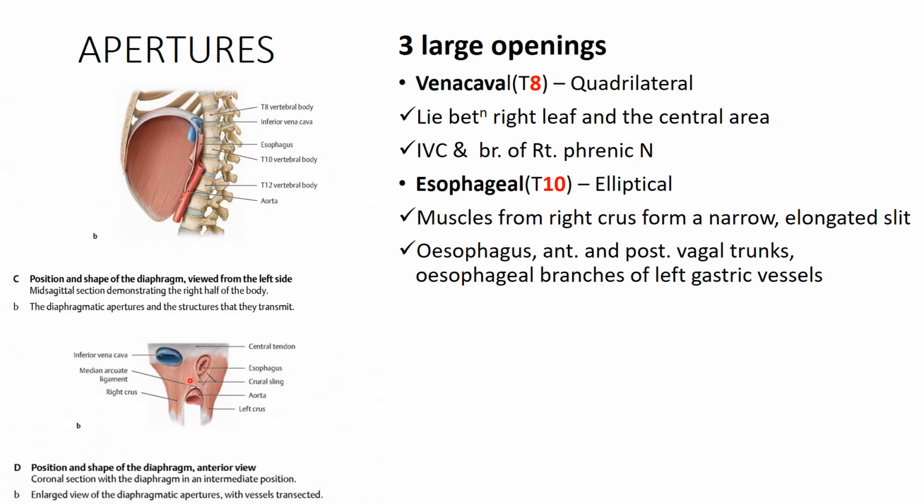It is an oblique slit-like opening, and it has a sling originating from the medial part of the right crus of the diaphragm, which transforms it into a chimney-shaped elongated slit, approximately 2.5 centimeters long. So it contributes to the lower esophageal tone of the esophagus.